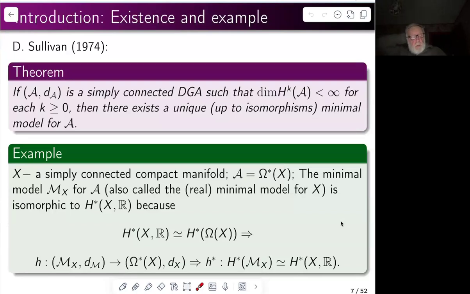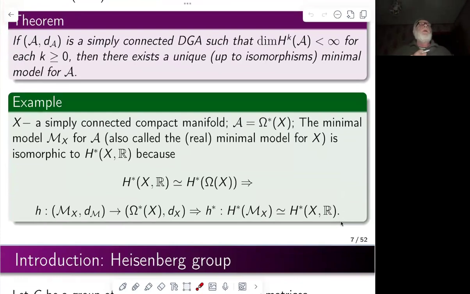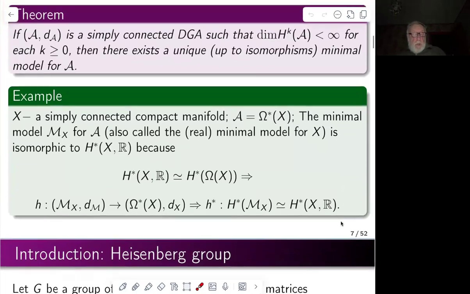What does such a theorem serve for? Sullivan was interested in the question of when the rational homotopy type is completely defined by the cohomology algebra. For example, a typical, very well known example is the following. Let's consider a simply connected smooth manifold with b1 equal to 0. And as algebra A, we consider the well-known exterior algebra with the de Rham differential.